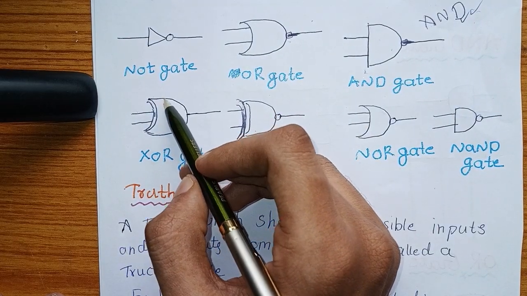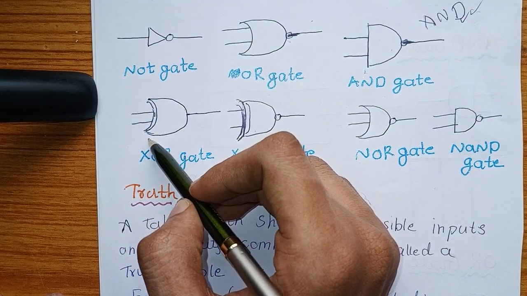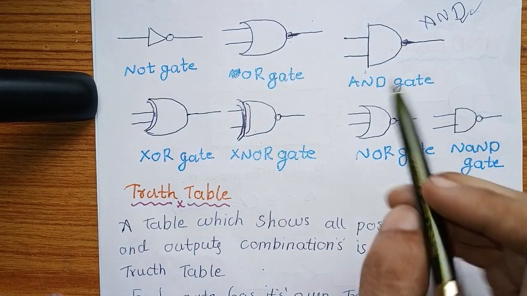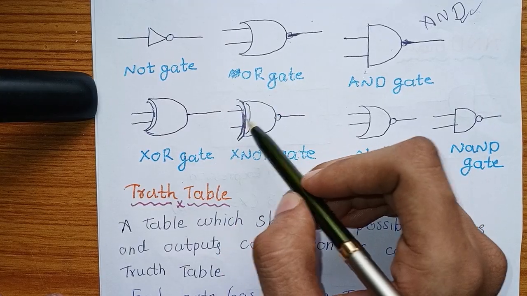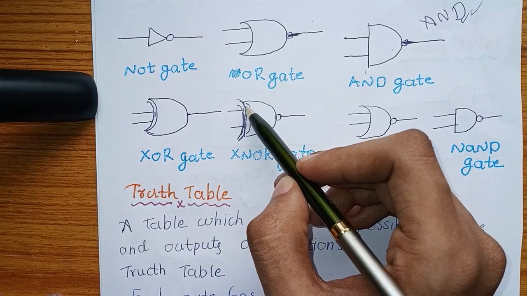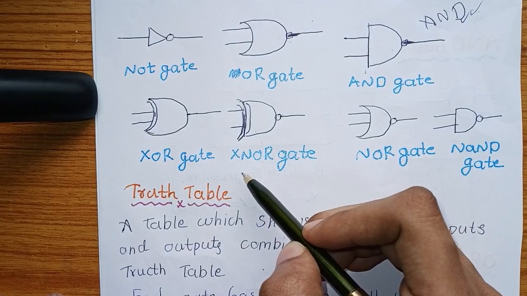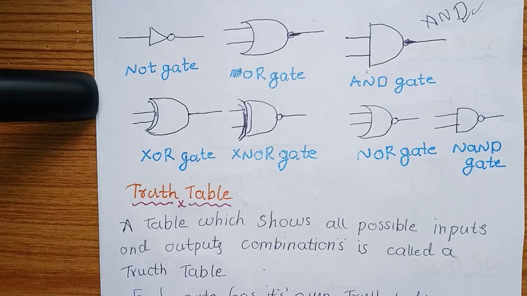Just keep a bracket like this inside the OR gate and remember it as the XOR gate, nothing else. For the XNOR gate, you keep the same bracket and add a NOT. It will become the XNOR gate, nothing else.